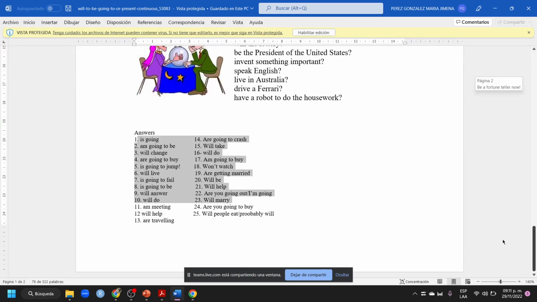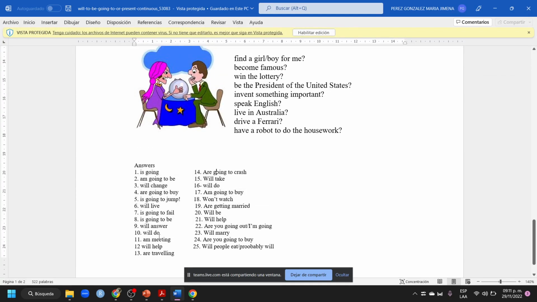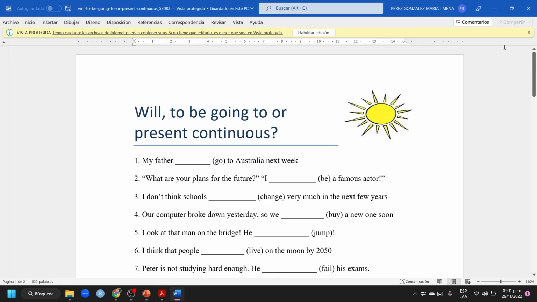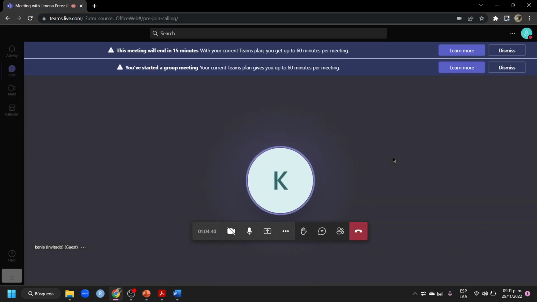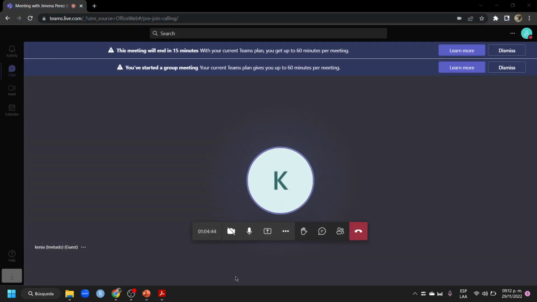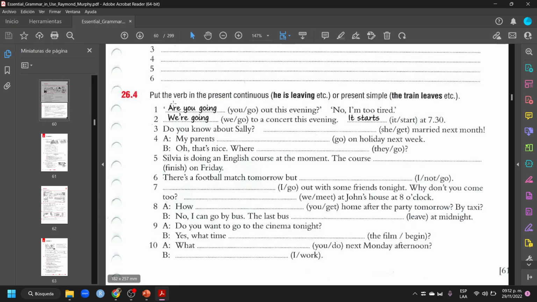Y aquí están justo las respuestas: I'm going to, is going to, is going, I'm going to be, will change, are you going to buy, is going to jump, will leave, is going to fail, is going to be, will answer, and will do, ¿no? Ok, really easy. ¿Dudas, preguntas?